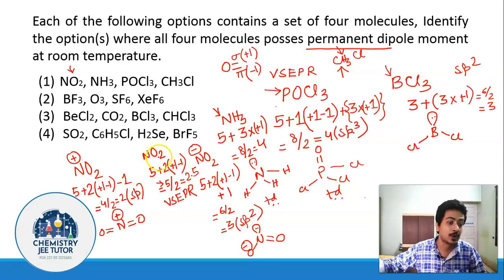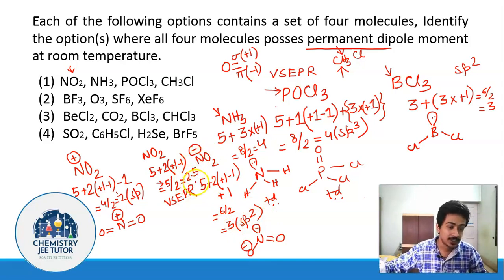So how to understand the structure? Now we will do a logical reasoning in this case. How to do it? You see, NO2 plus has a total electron count of 4 and we get sp hybridization. In NO2 minus, we get sp2 hybridization with this coming as 3. In this case, it is coming as 2.5.